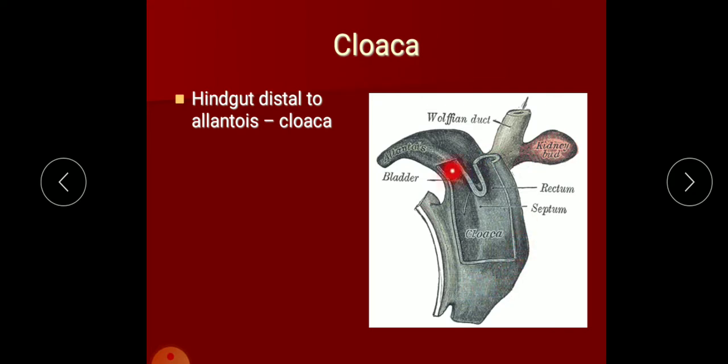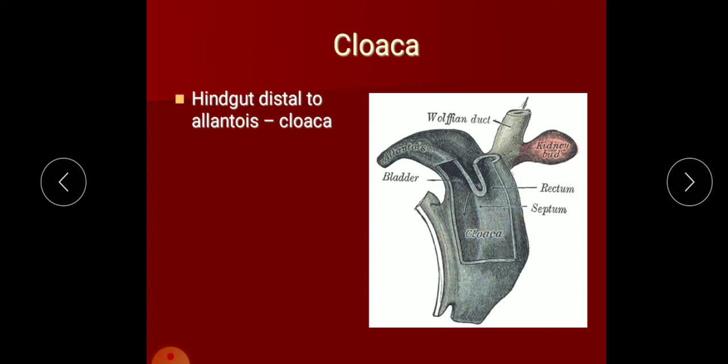This post-allantoic part is what is termed the cloaca. So what is cloaca? It is actually the post-allantoic part. One thing you should know is that this cloaca will develop into urinary bladder as well as rectum.